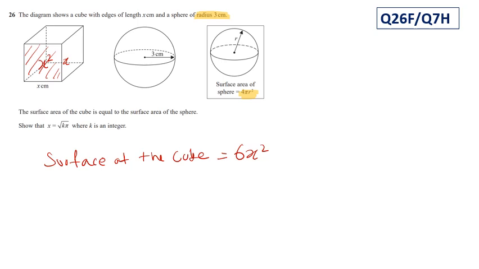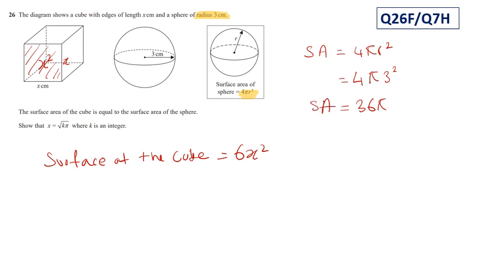So the surface area of the sphere is equal to 4 pi r squared. We know r is 3, so it gives us 4 lots of pi times 3 squared. 3 squared is 9, and 9 times 4 is 36, so that's 36 pi, and that's the surface area of the sphere.